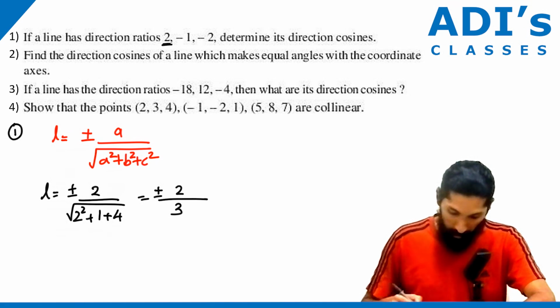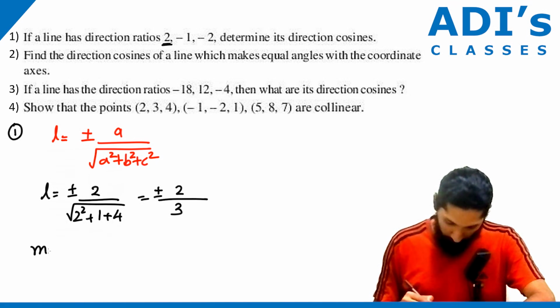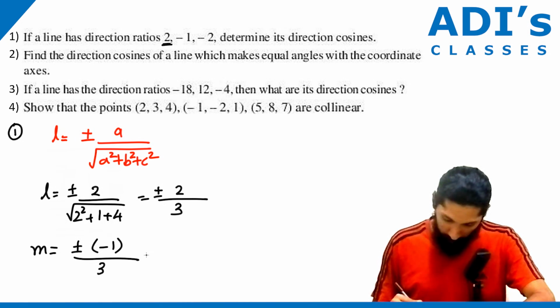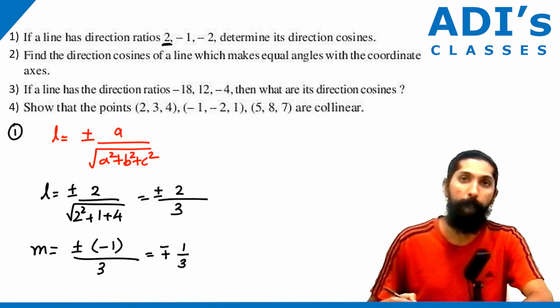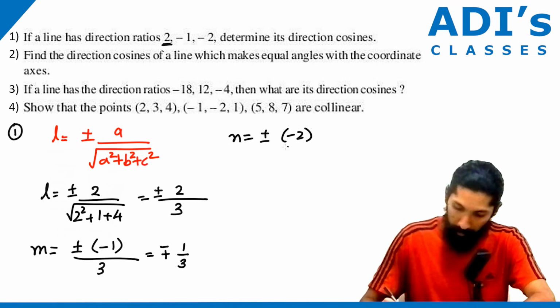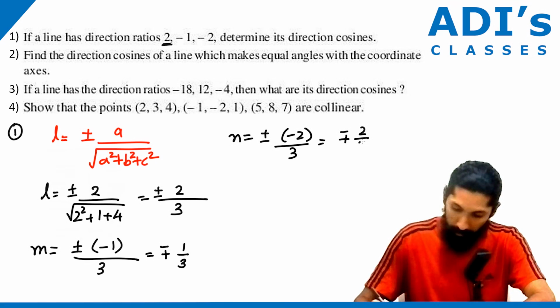Correct? Next, m value: plus or minus minus 1 divided by again 3. So here we can write this as minus or plus 1 by 3. Then n value, again plus or minus minus 2 by 3, or minus or plus 2 by 3.